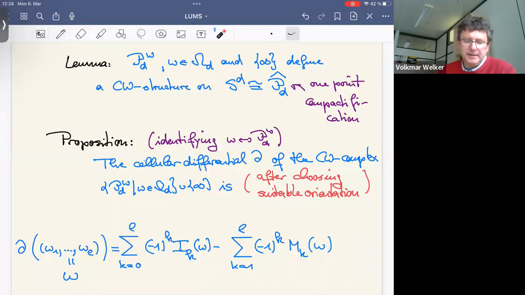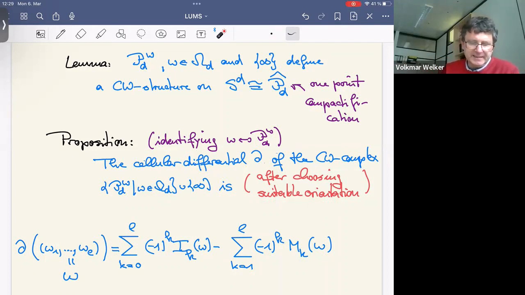The cellular differential of this CW complex described here, where you have a single zero cell, the point at infinity, and then all those P_D omega for the various omega in capital omega D, is, after choosing suitable orientations of our cells, given in the following way.